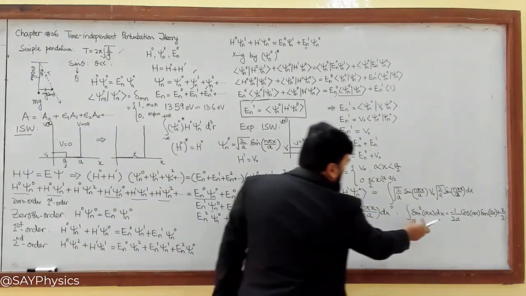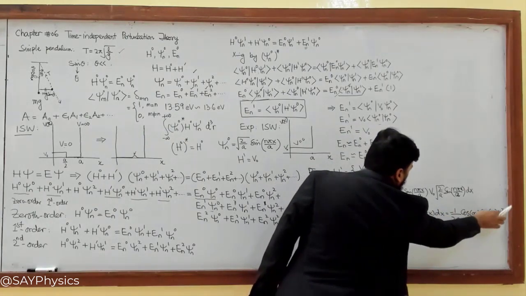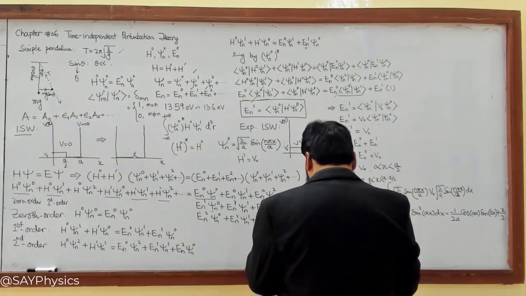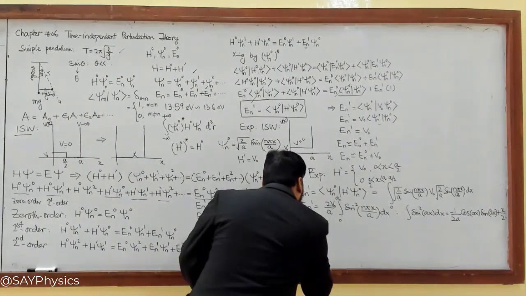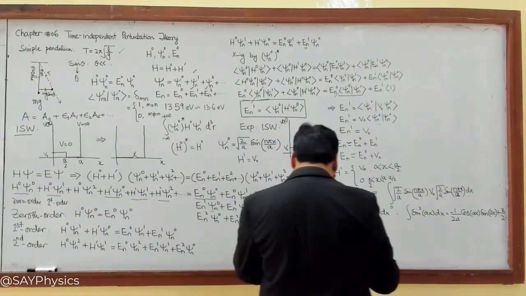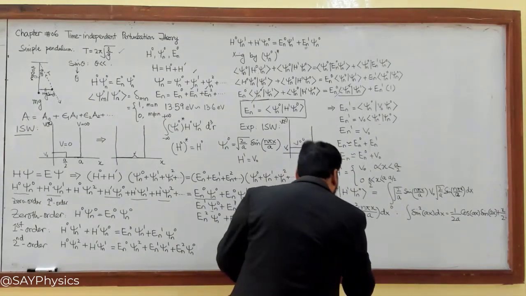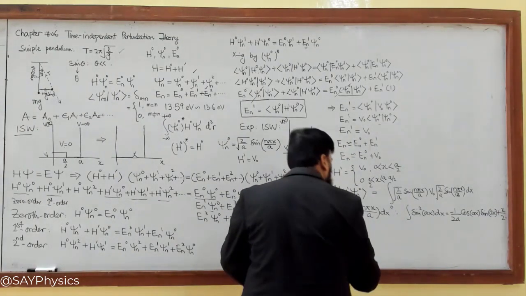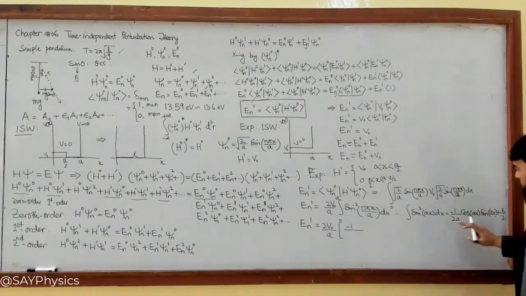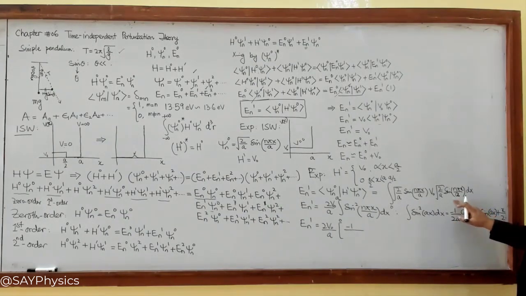Sine square of ax dx is equal to minus 1 over 2a cos ax sine ax plus x over 2, and this gives you En1 is equal to 2V naught over a, and now put the values, minus 1 over 2a. Now this is 2a. What is a here? What is in front of x is a.